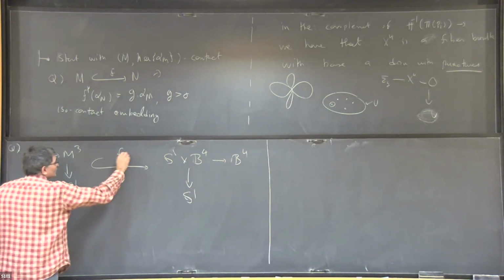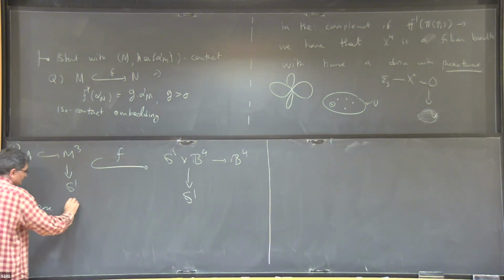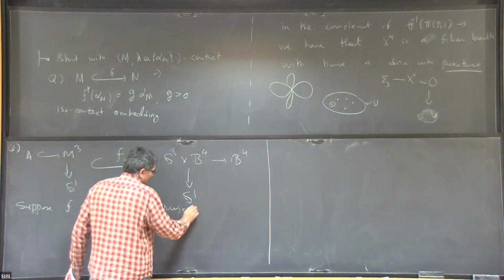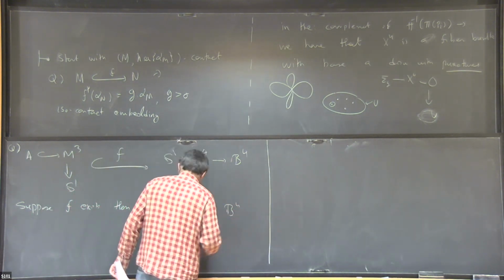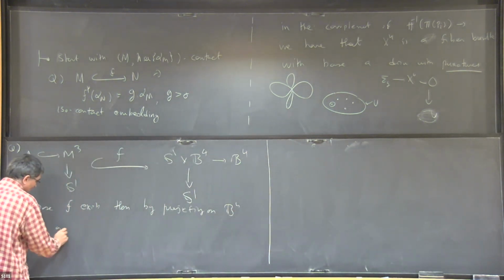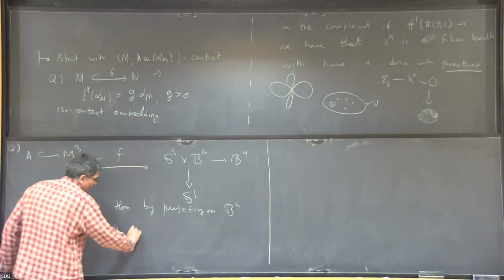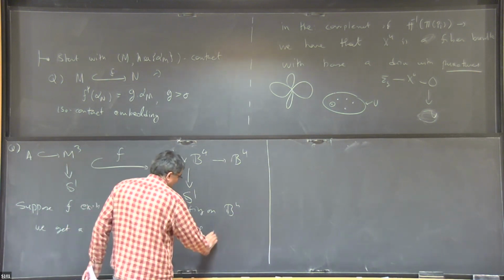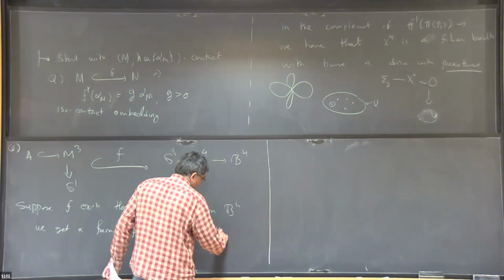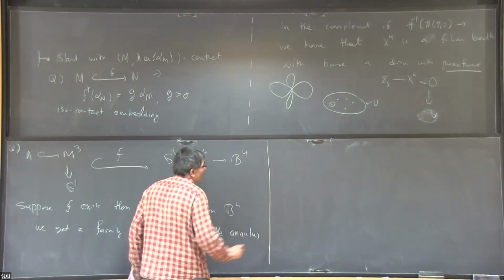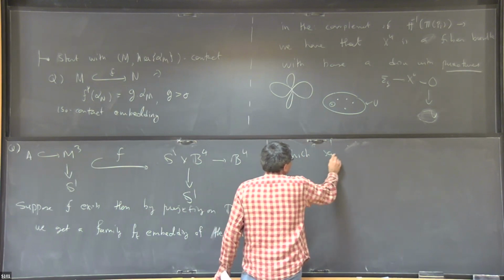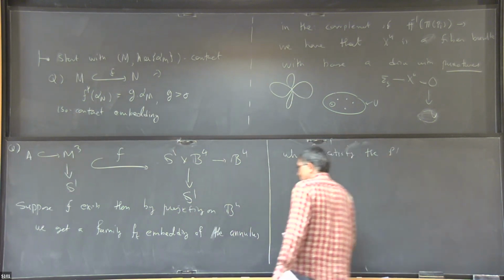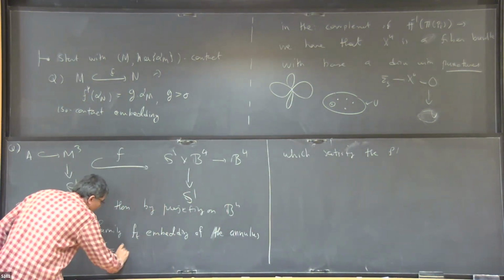Suppose F exists, then by projecting on B4, we get a family F_t of embeddings of the annulus, with F_0 equal to the given F.